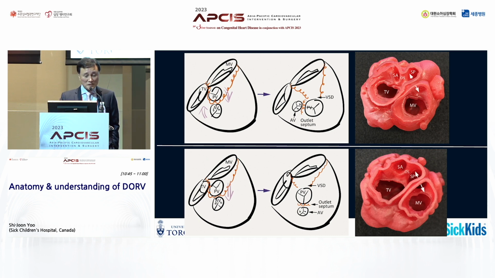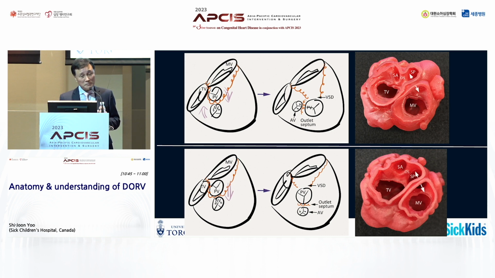What it is that starting point is TGA. If everything is rotating clockwise, the pulmonary valve is going to move forward, and the aorta stays there, and then VSD is here, and outlet septum goes to the right margin of the VSD. That is one way to make the double outlet right ventricle.